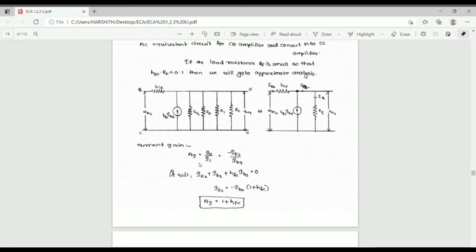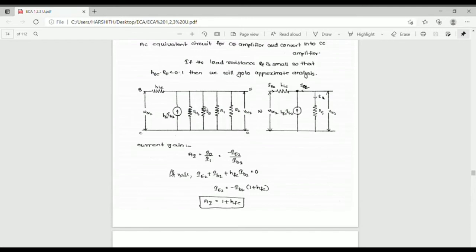And so in this circuit, the current gain equals output current by input current, AI equals I0 by Ii. Output current is the emitter current, in the reverse direction, so minus IE2, by the input current, which is the base current, so the second stage IB2.